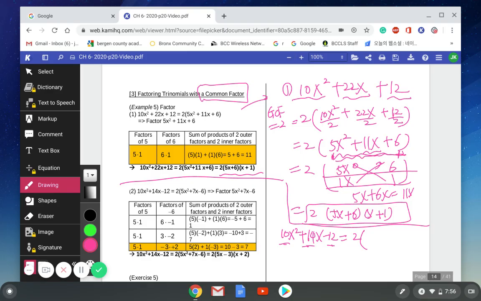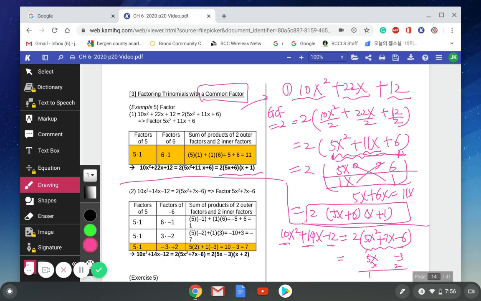You end up with 5x squared plus 7x minus 6. Now you factor this trinomial. When you do that, you end up with 5x and x and negative 3 and 2.